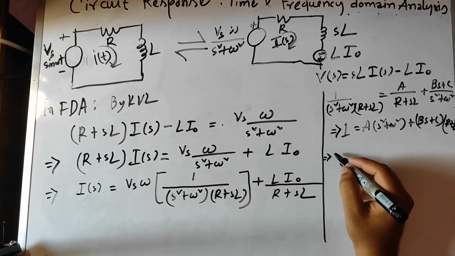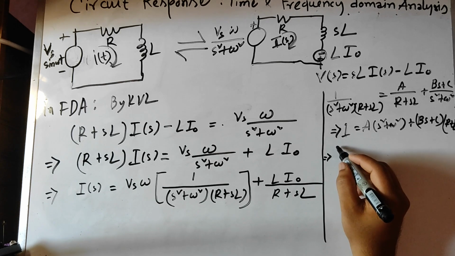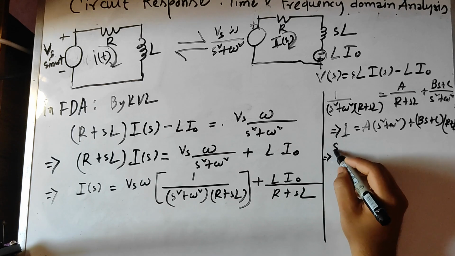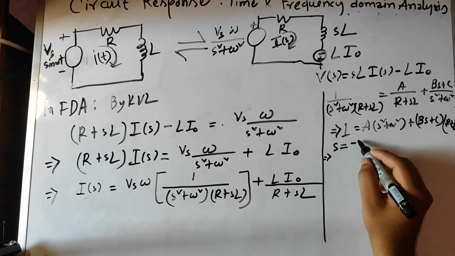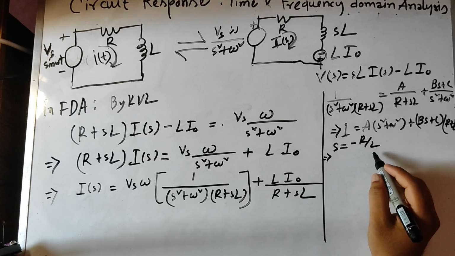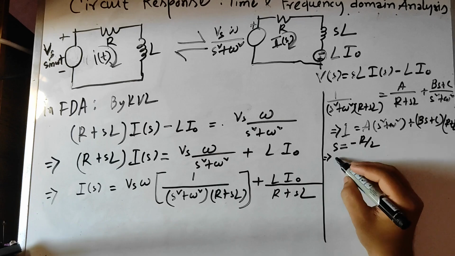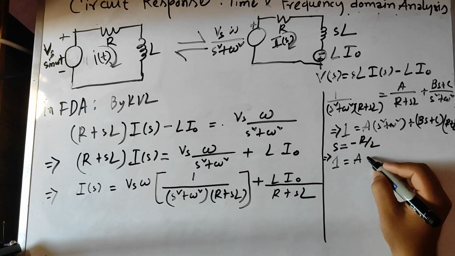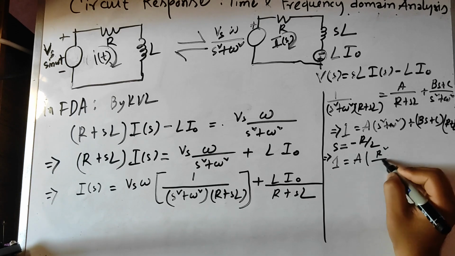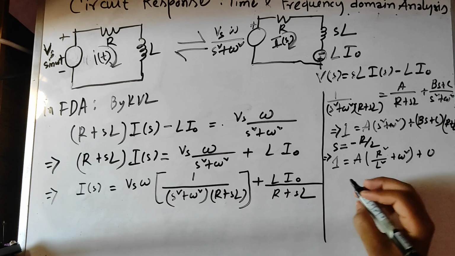Now if we use the value s equals minus R by L, it will give us 1 equals A (R square by L square plus omega square) plus 0.